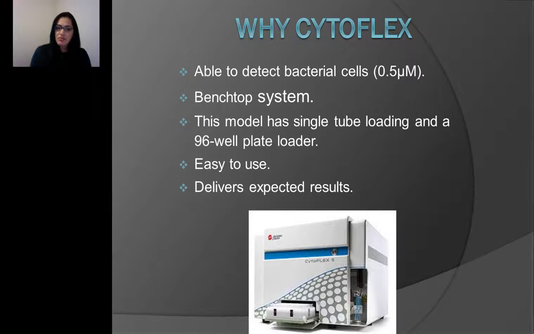And we really fell in love with it, and we were ready to give this instrument a try, and we were not disappointed at all. The results that we obtained with this instrument were in accordance with the results that we had with the plating method. And that's when we really agreed that this was the right instrument for us and that we were on the right track.